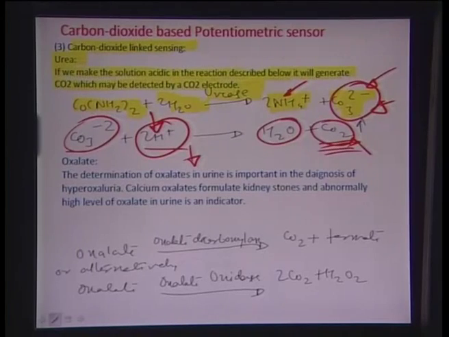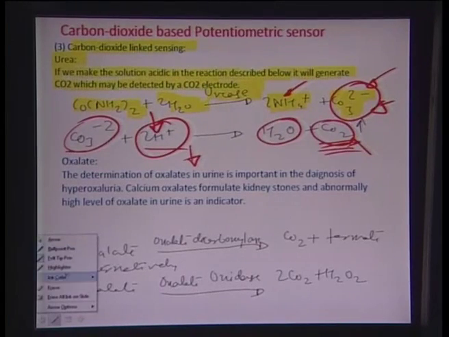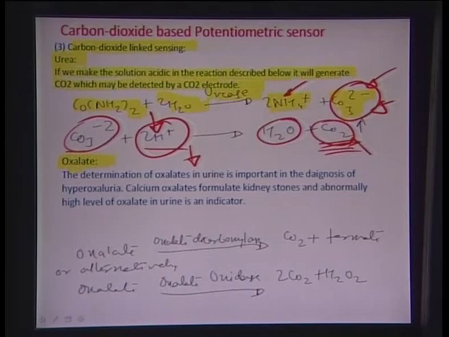So, you design your electrodes or sensing mechanisms based on what is available at what portion of the body. Another important aspect is oxalate measurement. We all are aware of this critical problem related to kidney stones. That is essentially also medically known as hyperoxaluria.